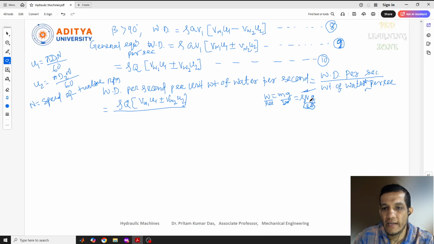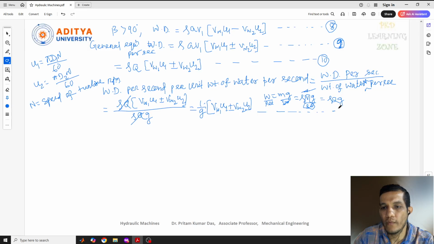Now volume per second, this is Q. So here we can write rho Qg. So here also I write rho Qg. So I can cancel rho Q, and what I'll get here is 1 by g, bracket start, VW1 U1 plus minus VW2 U2, bracket close.